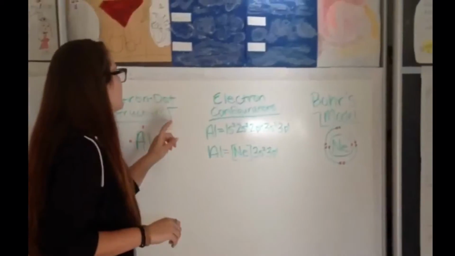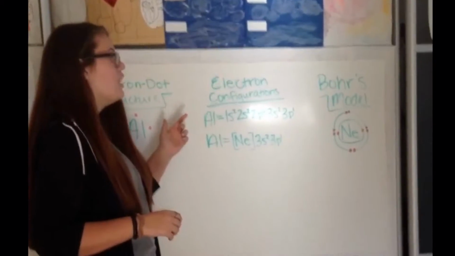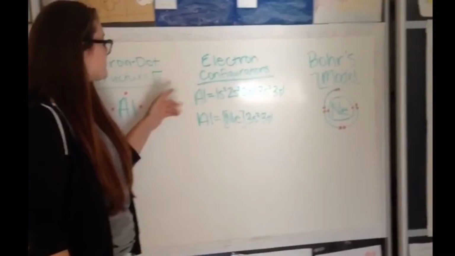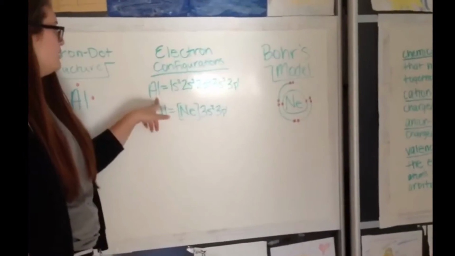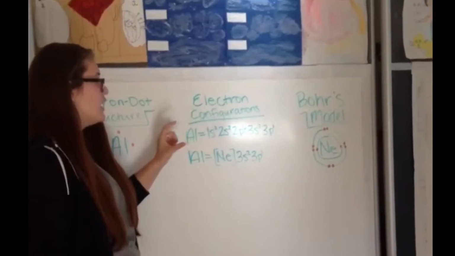And then this one, the electron configurations, are based off the orbital box diagram that we showed earlier. For aluminum, you just write how many arrows it would fill up in each of the little sections with the boxes.